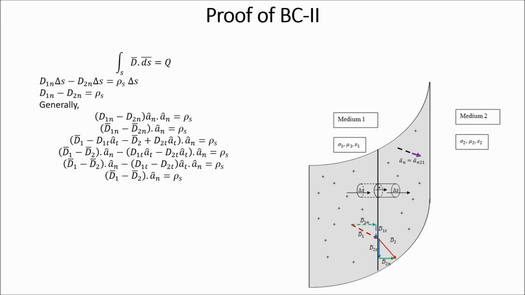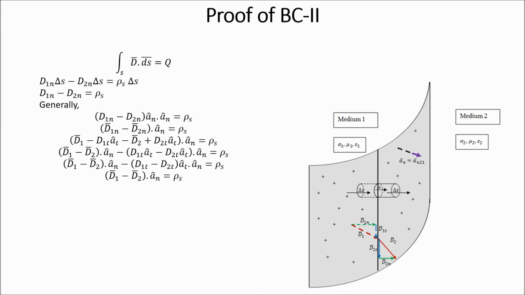A part of these charges is included inside the cylinder, and they produce some flux. The middle arrow indicates the electric flux produced by the surface charge.